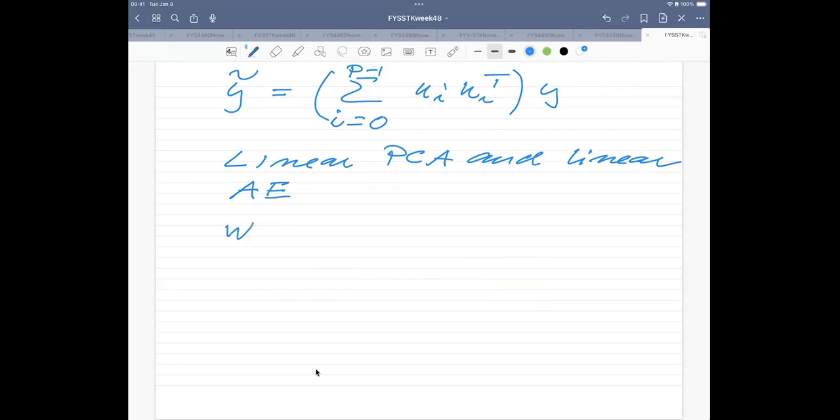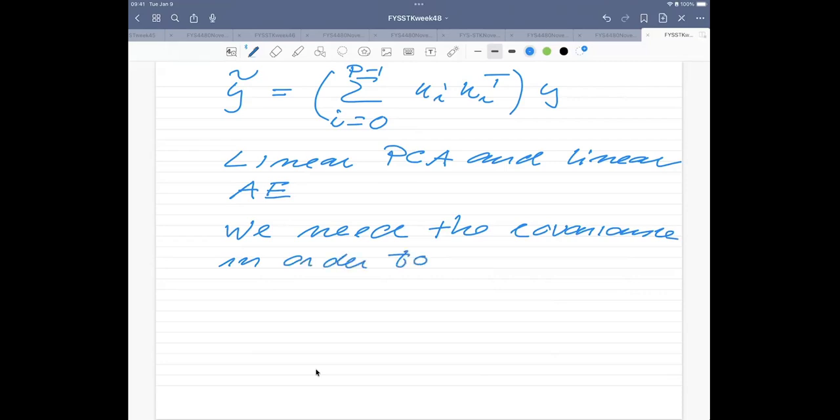So I'm going to set down the recipe for the PCA: we need the covariance in order to set up the principal component analysis. Principal component analysis is a way to reduce the dimensionality of a problem. So let's now look at the covariance.